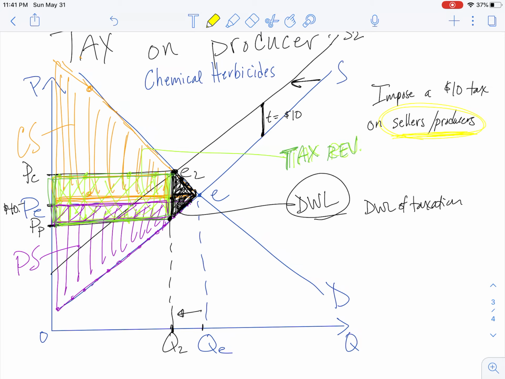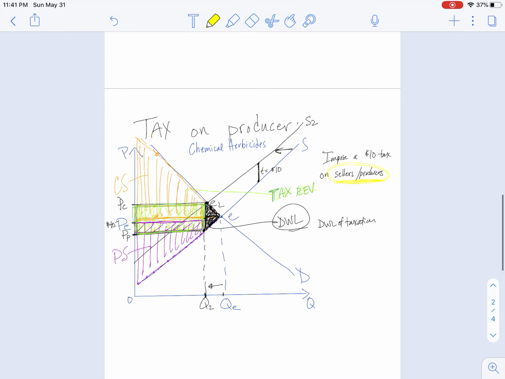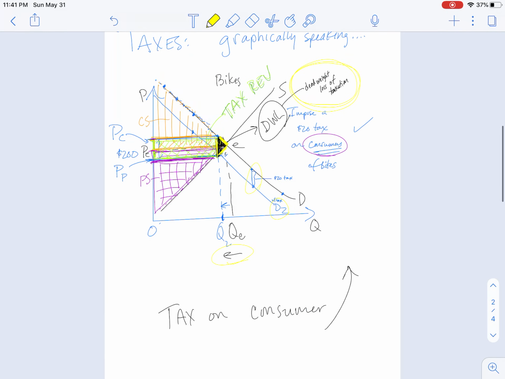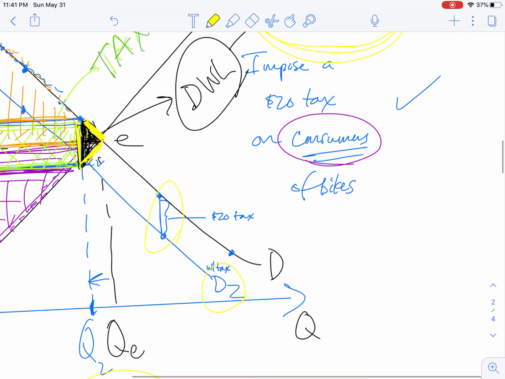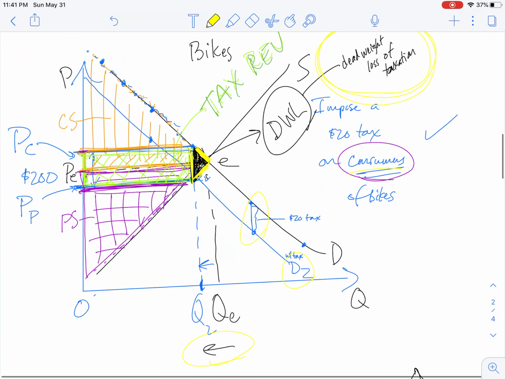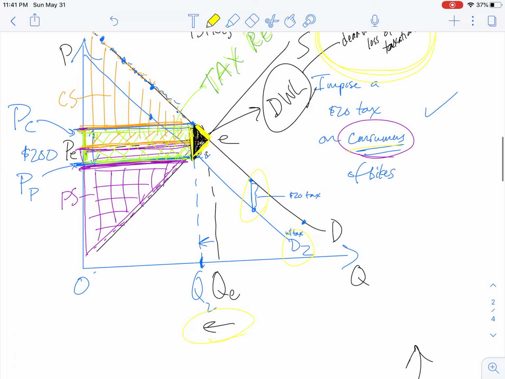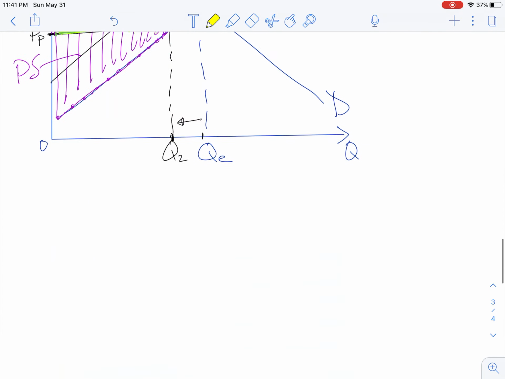The economic incidence was shared, partially between the producers, partially with the consumers. Now, compare that to our first graph that we did in the last video, where we put the tax on the consumers. Right? That shifted the demand curve, but what happened? In terms of economic incidence, it was shared. Both consumers and producers both lost some surplus to pay the tax.